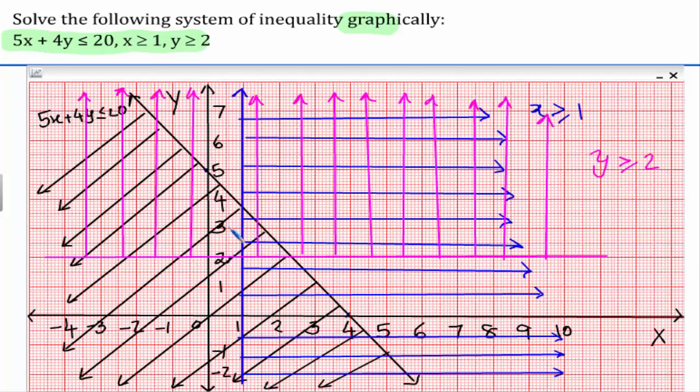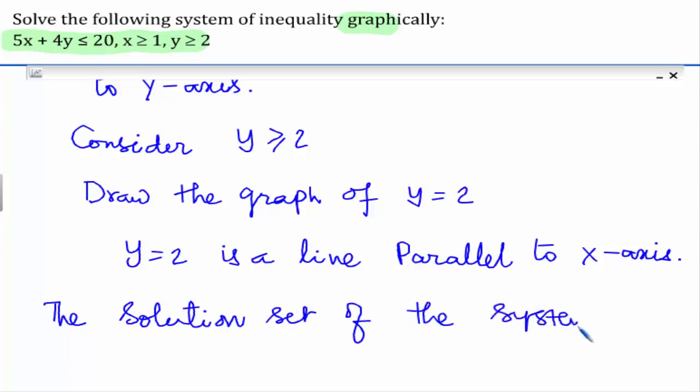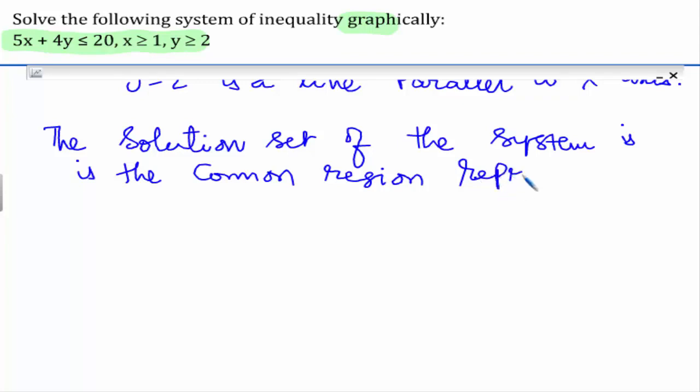Now our aim is to find out the solution region which includes black, pink and blue lines. Now the solution set of the system is the common region represented by the given inequalities.